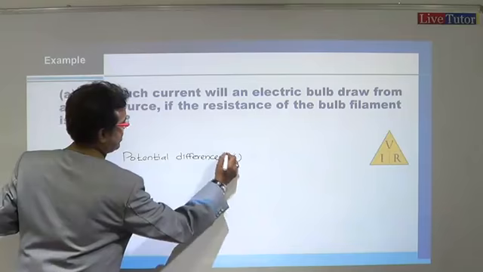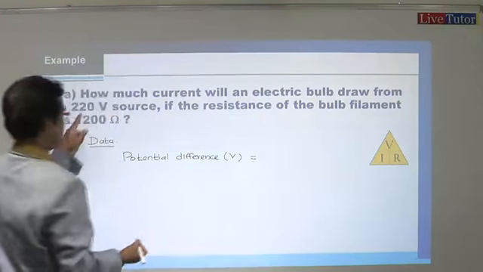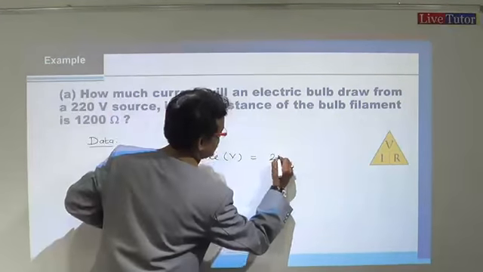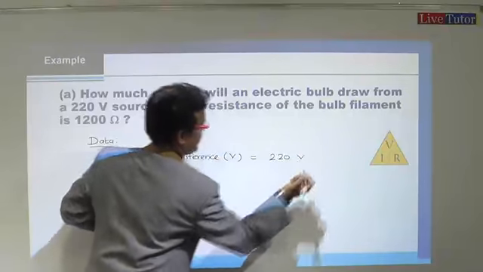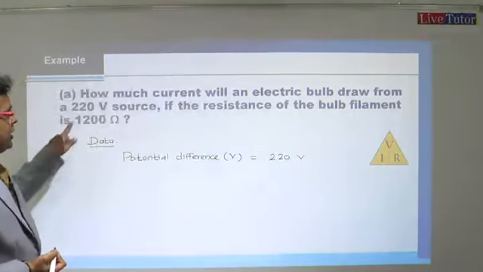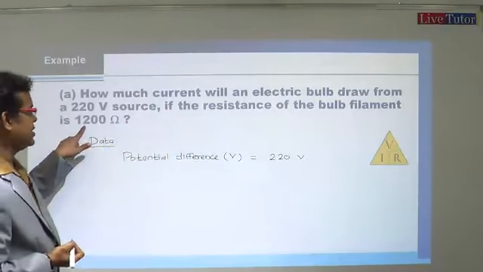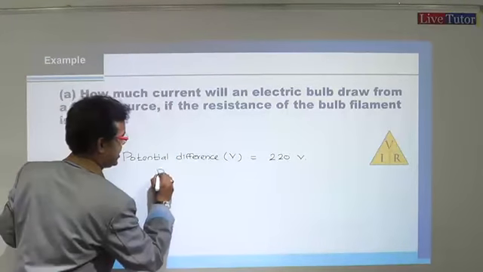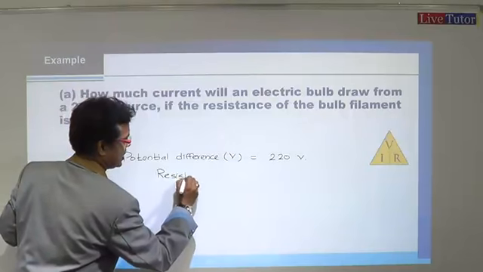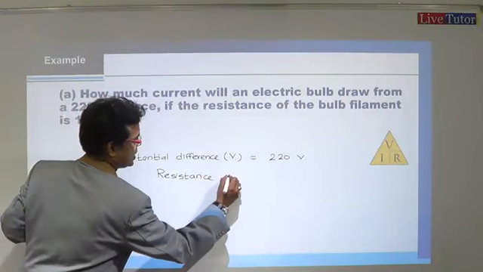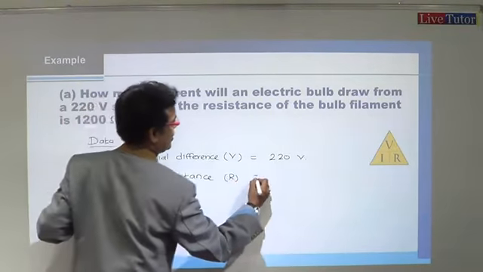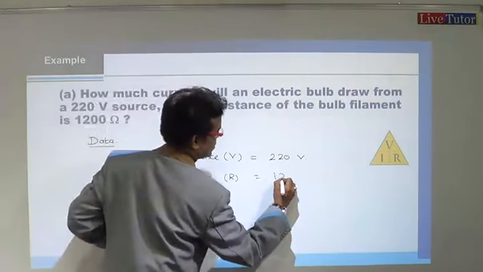Potential difference is indicated by letter V, which is given as 220 volts. And the resistance of the bulb filament is given. Resistance is indicated by letter R. So it is 1200 ohms.